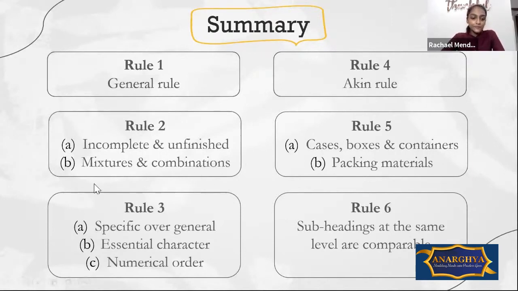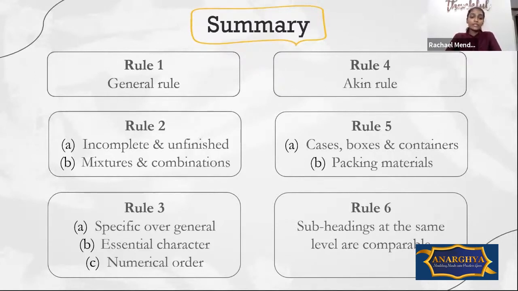Rule 3 has 3 sub-rules, and Rule 3 states that you need to follow the sub-rules in the numerical order by elimination. Rule 3A says that you need to classify on the basis of specific description over general description. If you cannot classify as per Rule 3A, you move on to Rule 3B and classify the product on the basis of the heading giving the product its most essential character.